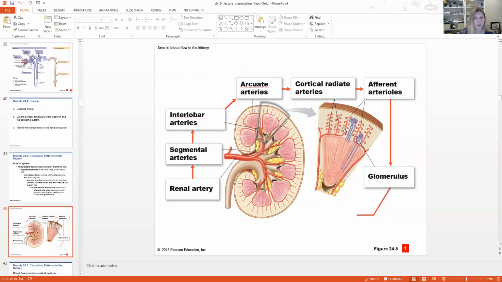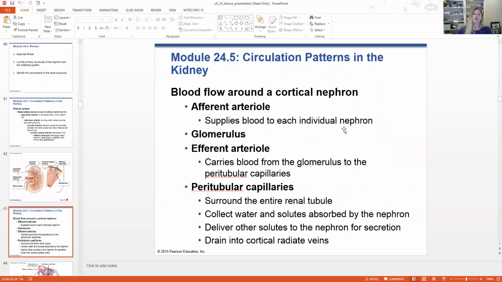So then you say, okay, where does the blood go then? That's the next step. From our afferent arteriole, that is supplying the blood to each nephron. Each nephron has an afferent arteriole. Then you have the glomerulus. Our glomerulus is where all that filtrate is formed. There is still stuff in the blood after filtration has happened in the glomerulus, right?